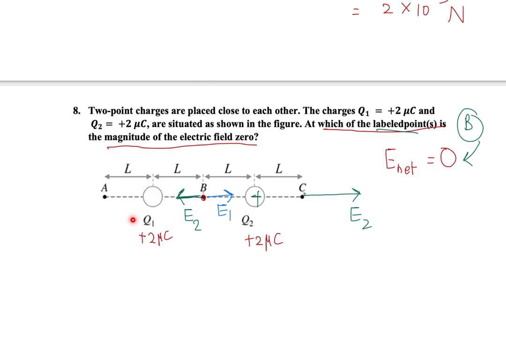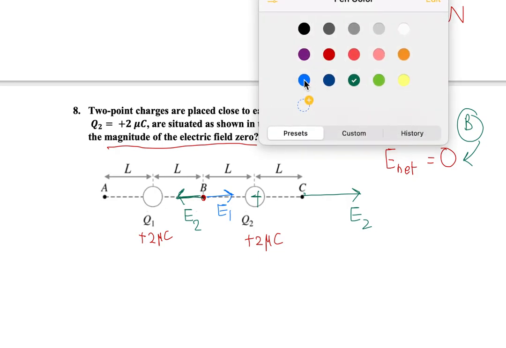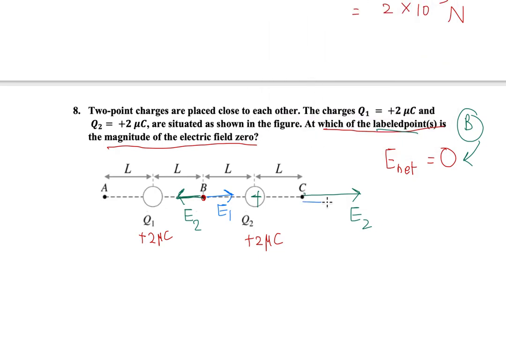Q1 is also positively charged, so its electric field at C will also be outwards. Let's draw that with blue color, and that will point like this to the right. So that is E1. So what do we see here? Both E1 and E2 are pointing in the same direction. That means they cannot cancel out each other. So C is not the point where net electric field will be 0.